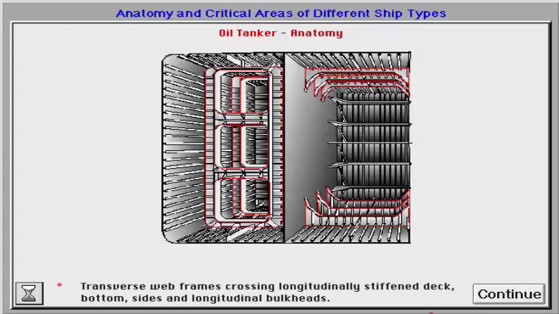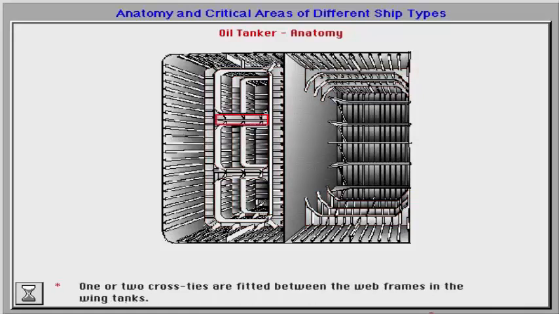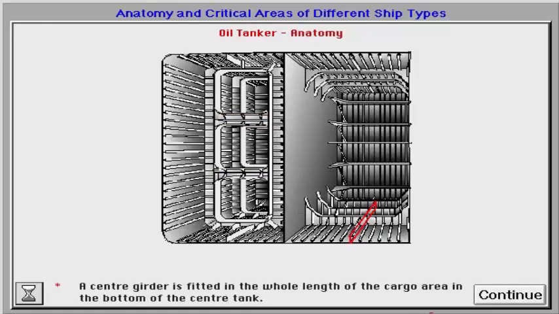One or two cross ties are fitted between the web frames in the wing tanks. A centre girder is fitted in the whole length of the cargo area, in the bottom of the centre tank. Oil-tight transverse bulkheads are vertically stiffened and with horizontal stringers.